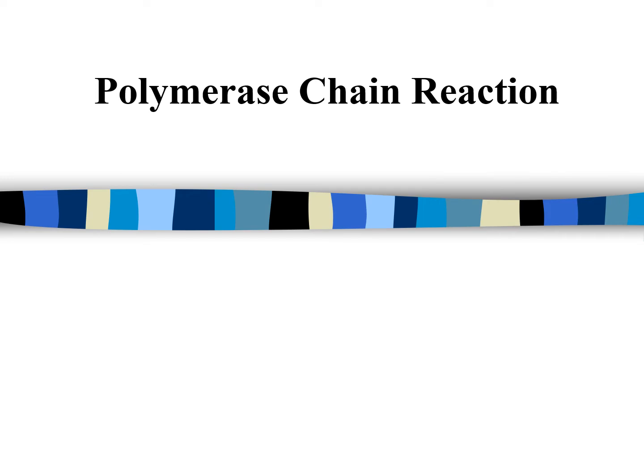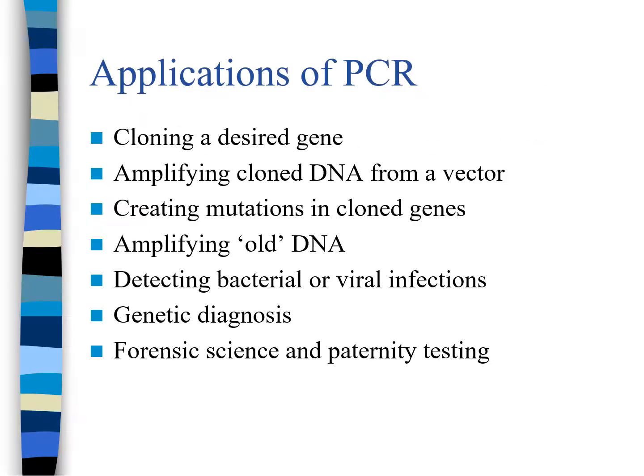So what is PCR? What is polymerase chain reaction? PCR, guys, is a molecular biology technique that has revolutionized the field of molecular biology. It's really a powerful technique that has changed the field because it has many different uses in many different fields. What you see here are just some examples.